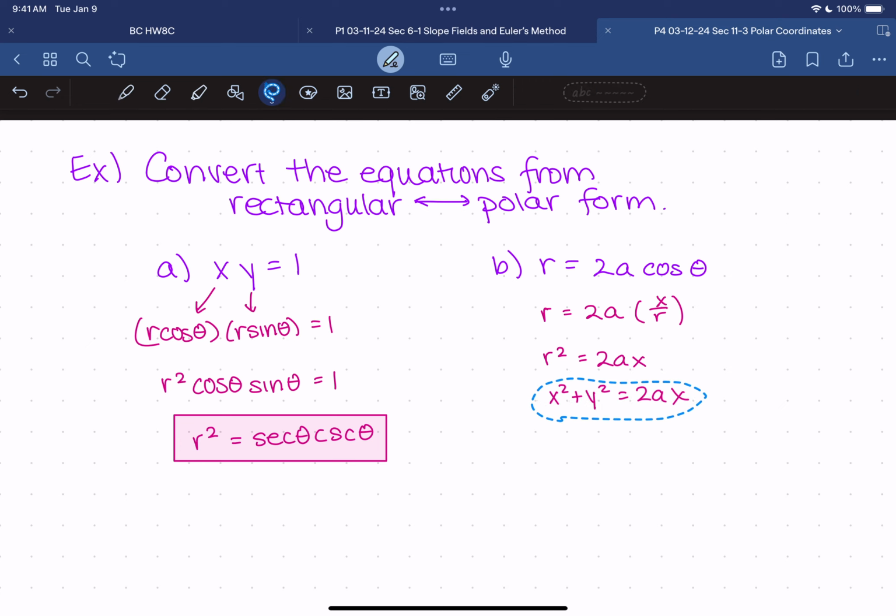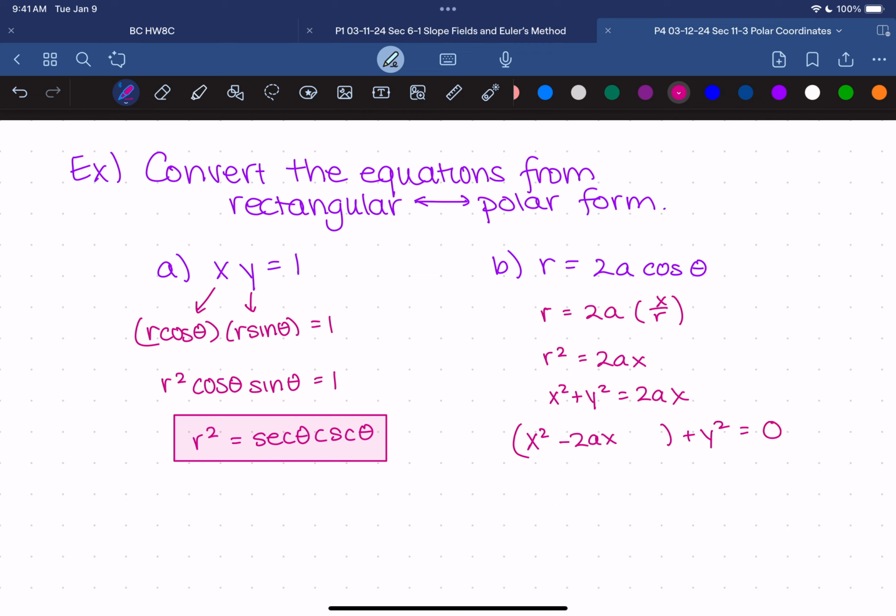We could solve for y, but hopefully you also recognize this is an equation of a circle, just not centered at the origin. So I'm going to subtract 2ax from both sides. And I'm setting it up for completing the square.